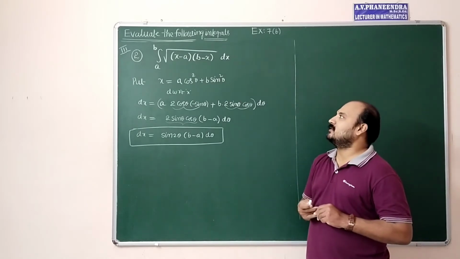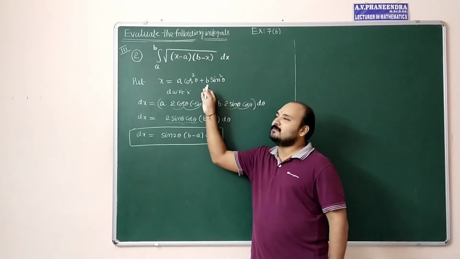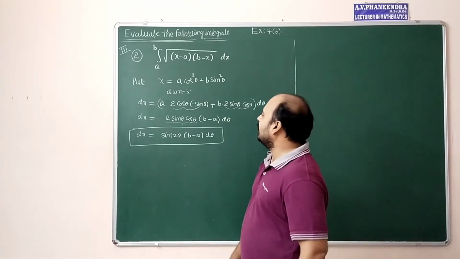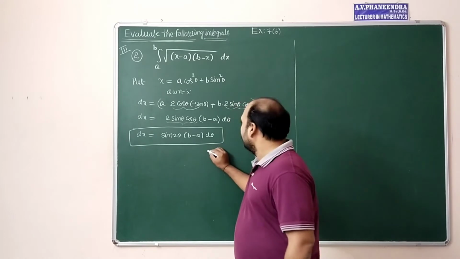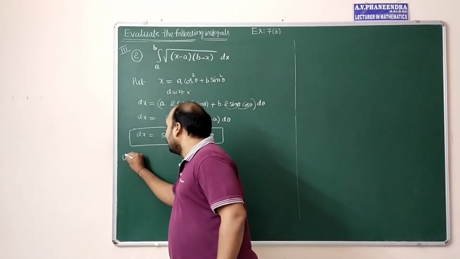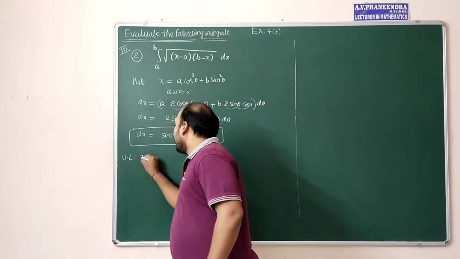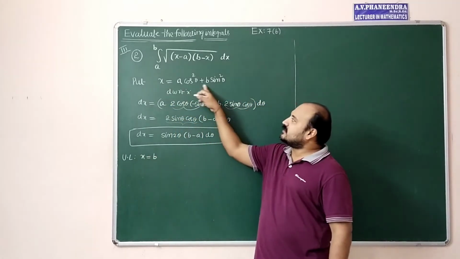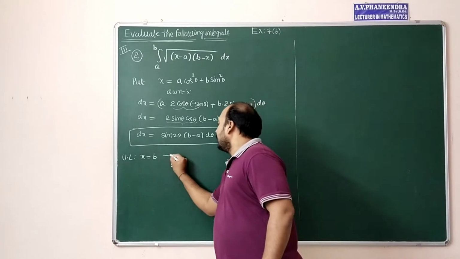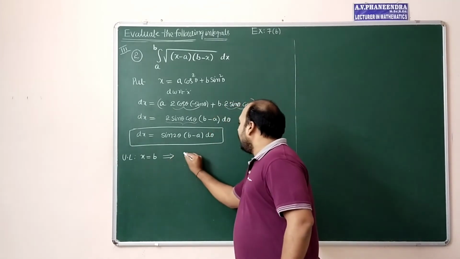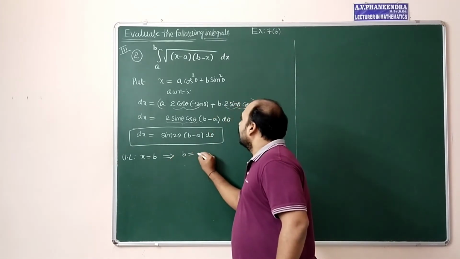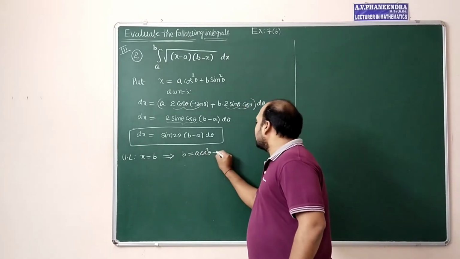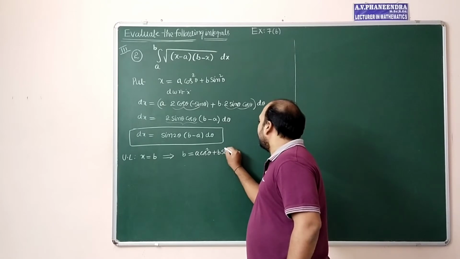After that, whenever we make a substitution, the limits will obviously change. So now I am calculating the limits. Observe. First the upper limit. When x is equal to b, substitute in this. Then b equals a cos square theta plus b sin square theta.